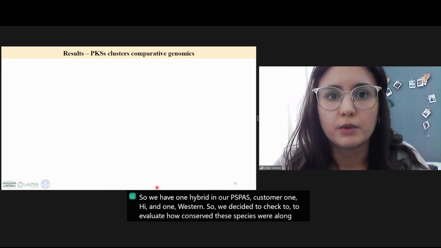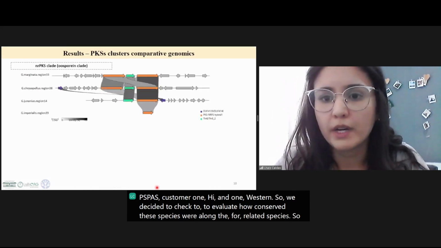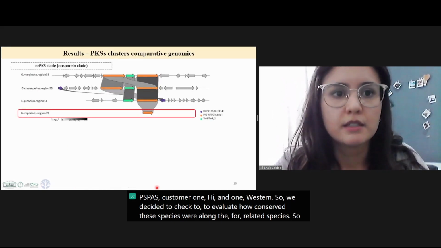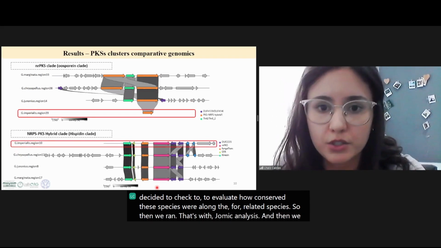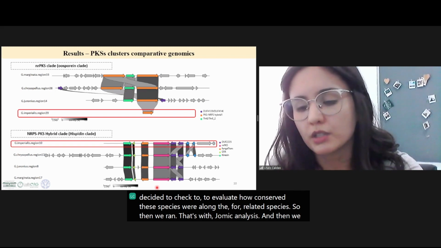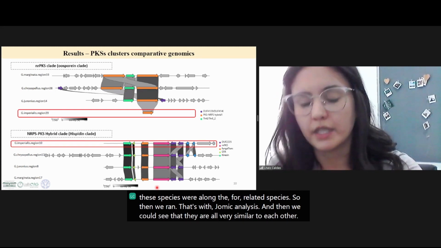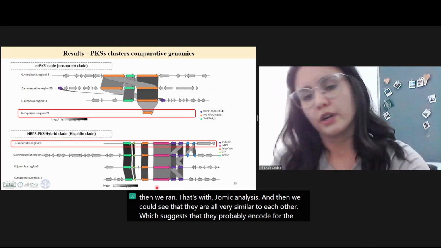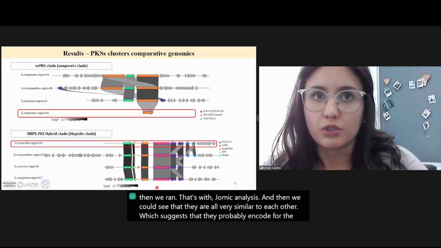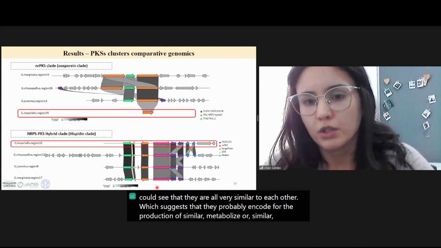So then we ran comparative genomic analysis, and we could see that they are all very similar to each other, which suggests that they probably encode for the production of similar metabolites or similar structural backbones.